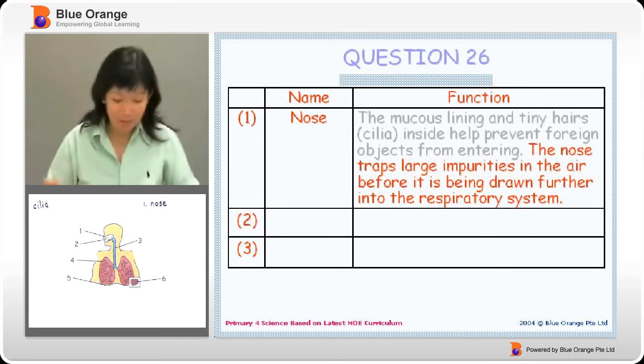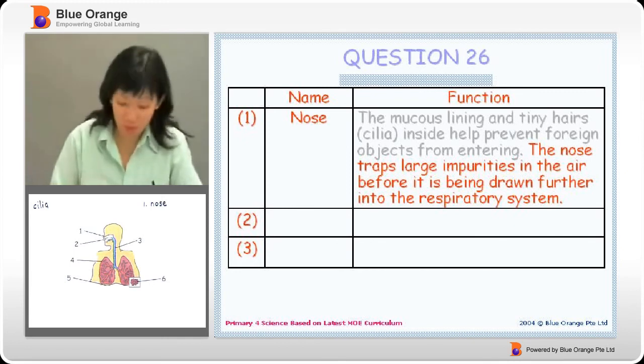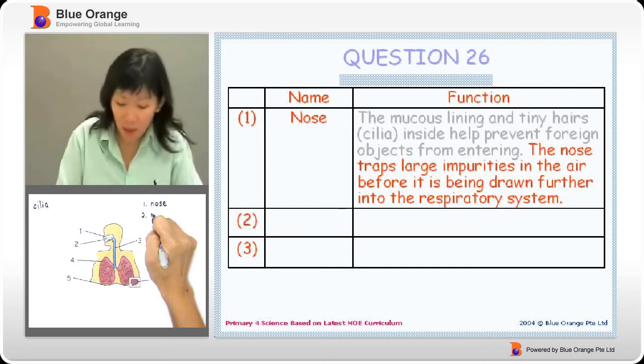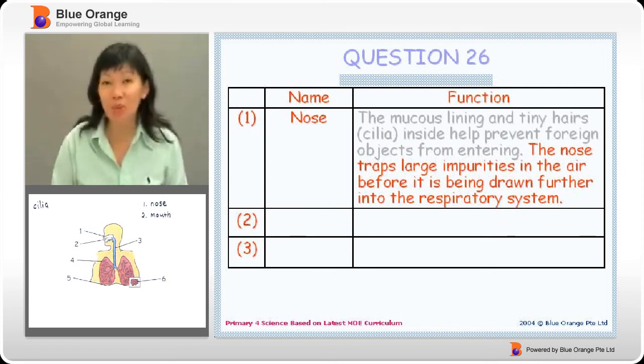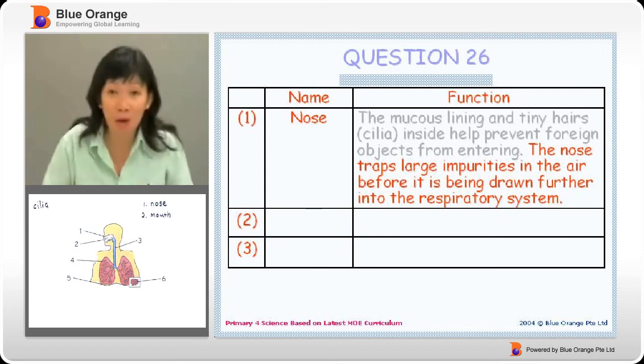Now, what's number 2? Well, the part labeled 2 is our mouth. Now, our mouth is known as the secondary inhaler and exhaler. Earlier on, we learned that it is better to breathe with our nose than with our mouth because our nose has mucous lining and tiny hairs inside to prevent foreign objects from entering our respiratory system.